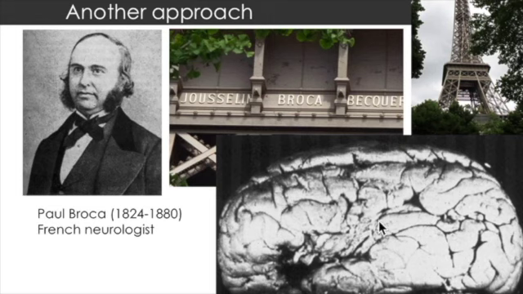And then after the patient died, upon autopsy, he realized that there was a localized lesion, right? So there was death of brain matter in this region that we now know to call the inferior frontal gyrus. Broca related this region to the function of language, right?